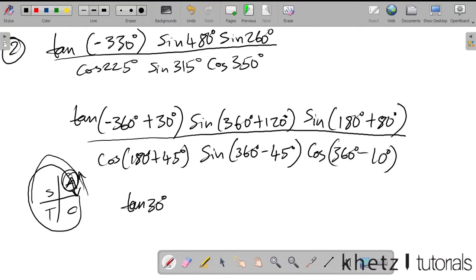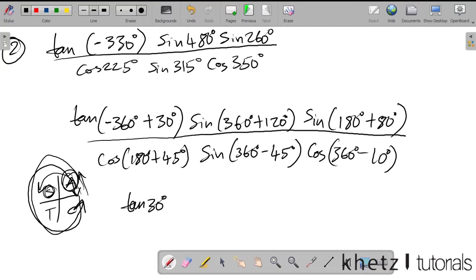If you look at 360 degrees and you add 120 degrees to that, you expect your function to fall in the second quadrant, and that is where your sine is positive, right?